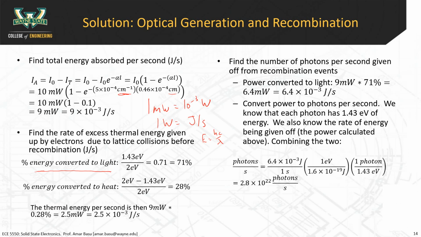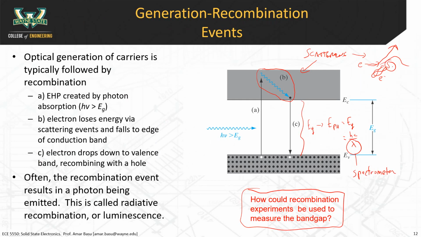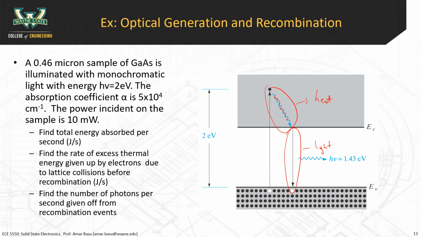So in the problem, sorry, I'm switching back and forth here. It absorbed light with energy 2 electron volts. So this distance here is 2 electron volts. That's the energy that the electron gained. Now some of that energy, the energy shown by the squiggly line going downwards, is lost to thermal scattering events, and the remainder is lost to the light emission.